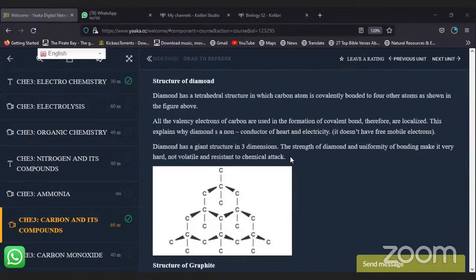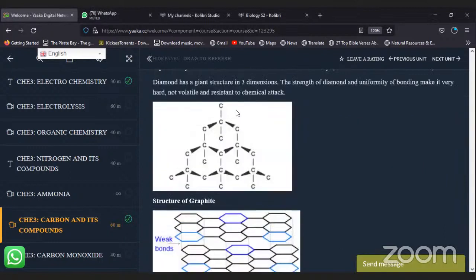If you pour a chemical on diamond, you'll hardly make any change on that diamond. It is so hard that it can be used to cut other metals. In factories that make metals, you find that there is a diamond that is just cutting them seriously. That's how hard diamond is.